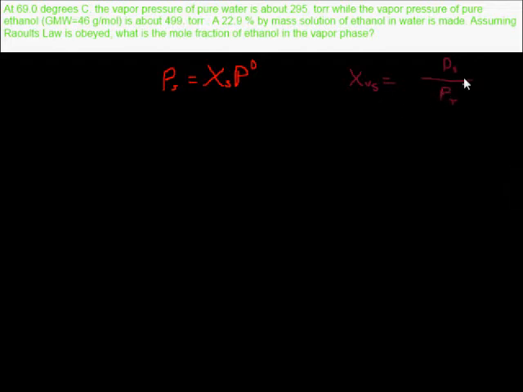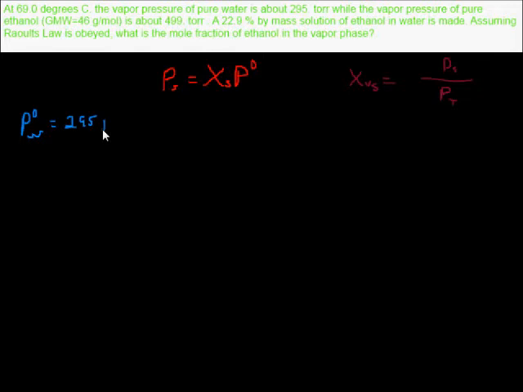Reason being is that pressure is dependent on the number of moles at constant temperature and volume. I could explain why, but it would be outside the purpose of this video. Okay, so we know the pressure of pure water, so standard P for water is equal to 295.